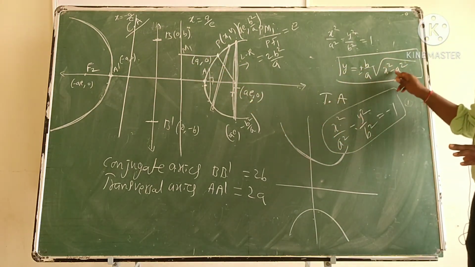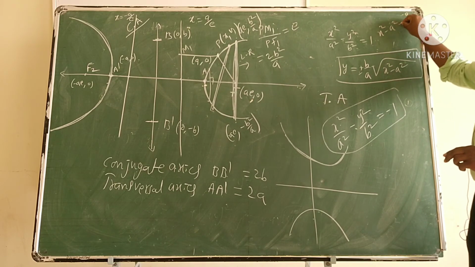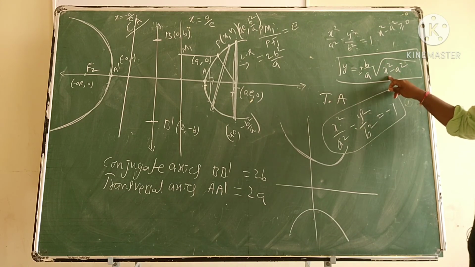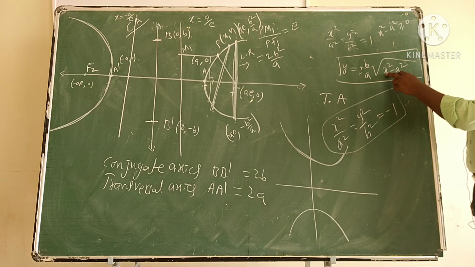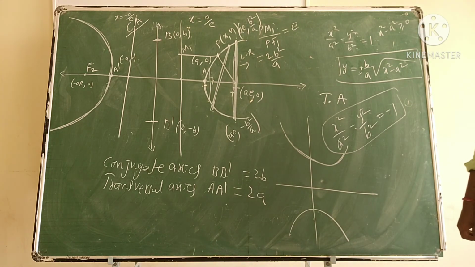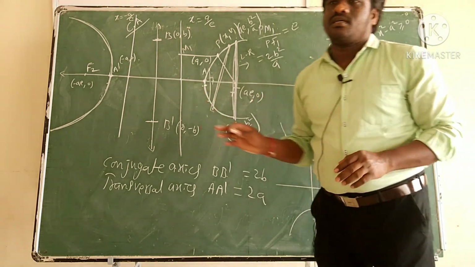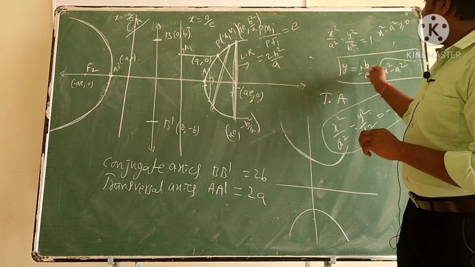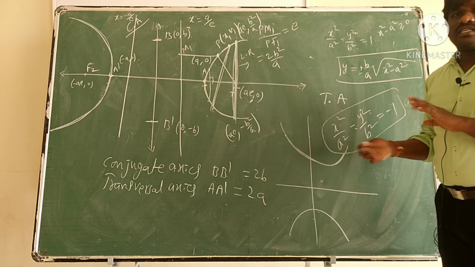This will exist if x square minus a square is greater than or equal to 0, since it is under the root. So x plus a into x minus a is greater than or equal to 0. The inside part will be the answer. So x lies outside between minus a and a, and you can see it that way also.